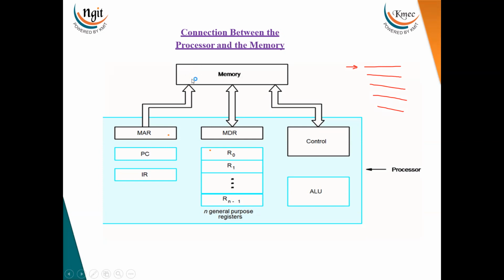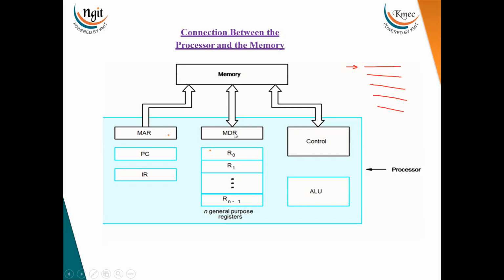Now, add location comma R1: the add instruction is nothing but the opcode. The opcode will be placed onto the data bus, and it will be fed onto the MDR, the memory data register.